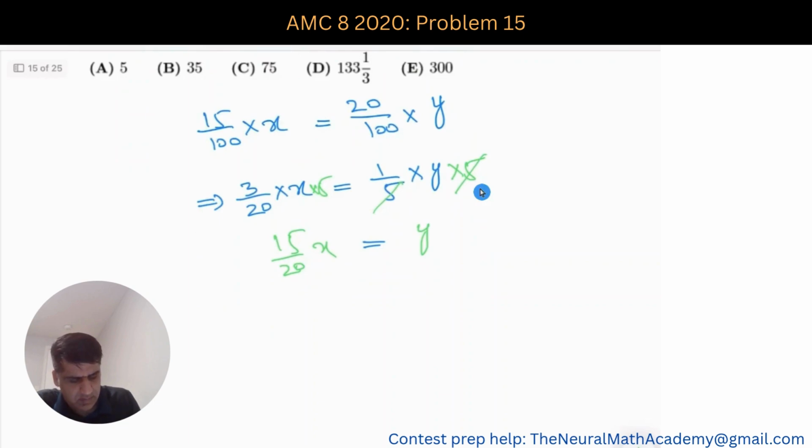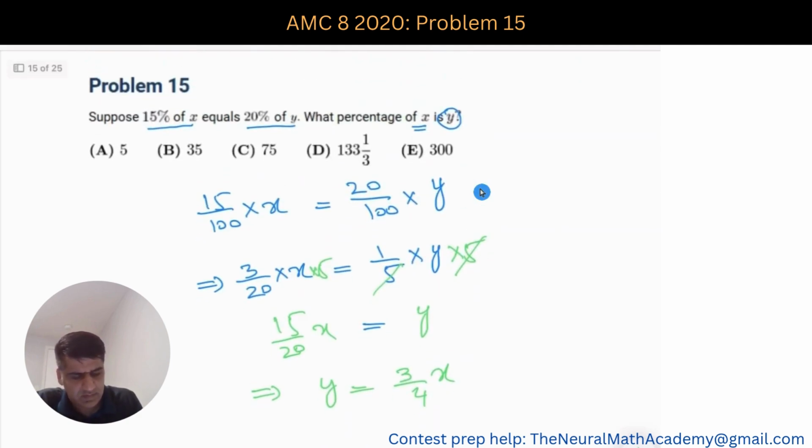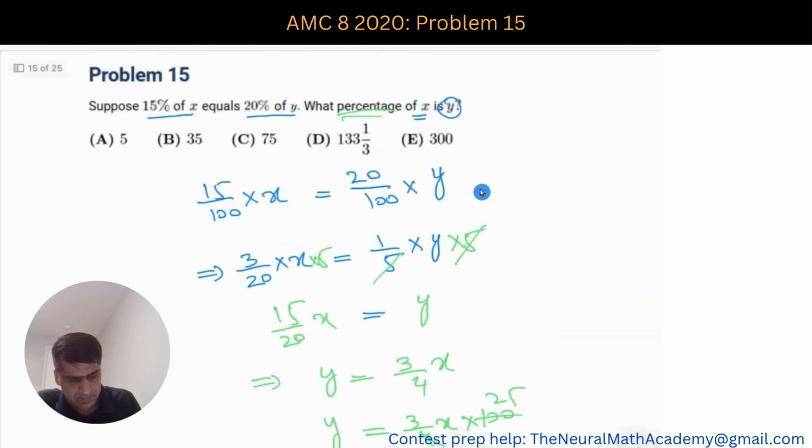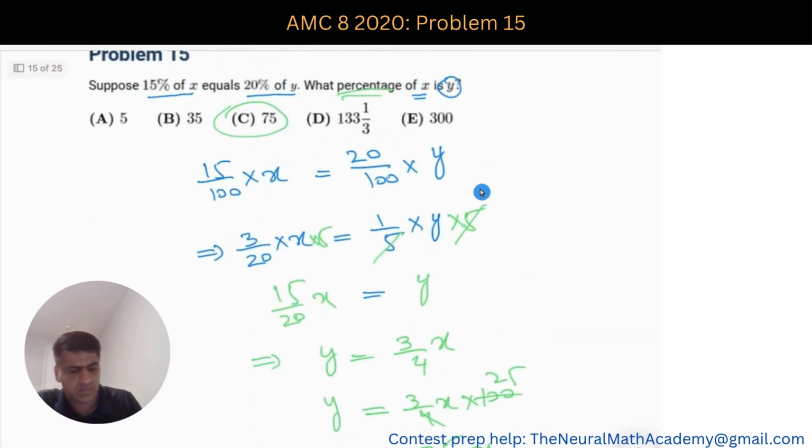Or I can also write it like this: y is equal to 3 over 4 x. Since the question is asking in terms of percentage, I will now convert this 3 over 4 x into percentage by multiplying with 100 and 25. So I will have then 75x. So then the answer is 75%. So it should be C, the answer for this problem.